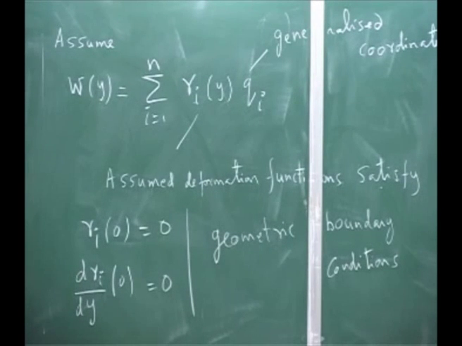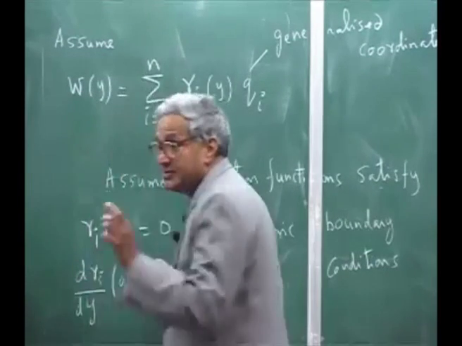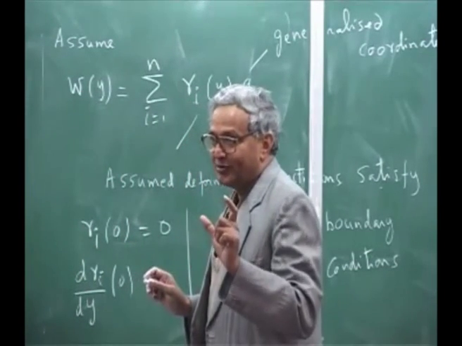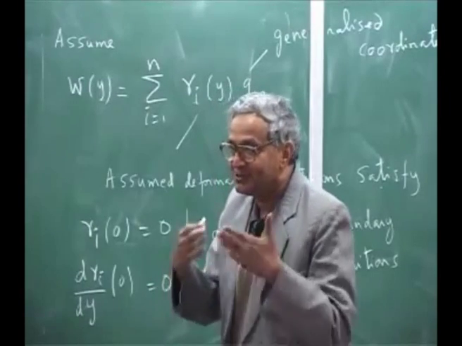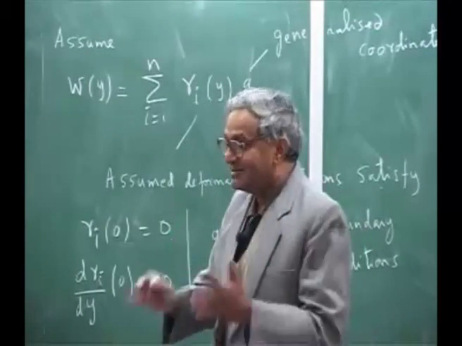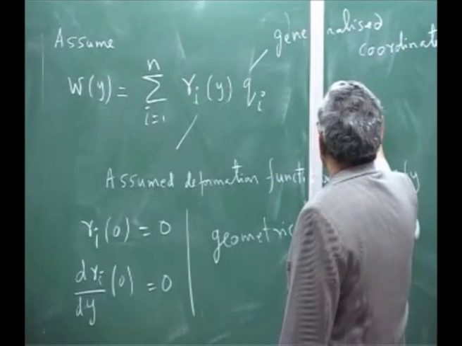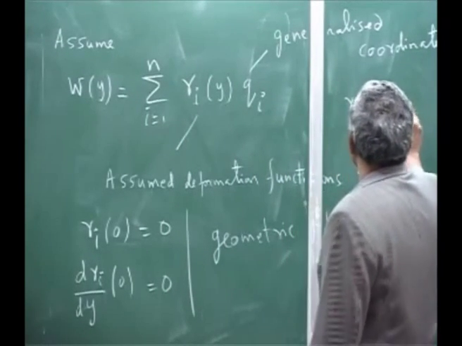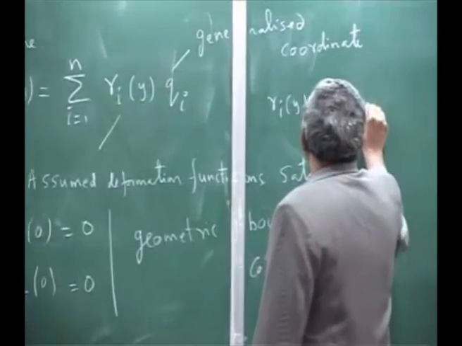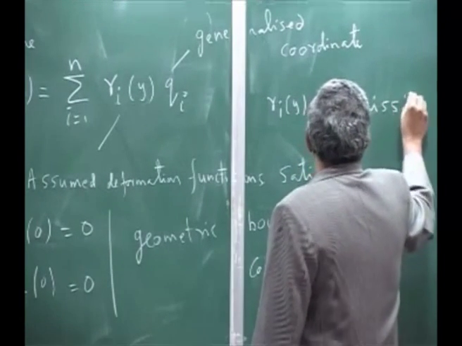Because you are seeking an approximate solution, the choice of the functions is very important. In vibration they are also called admissible functions. What are the functions which you will accept or admit? So you may call gamma i admissible functions.